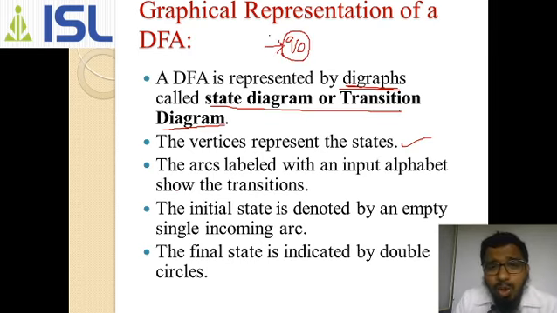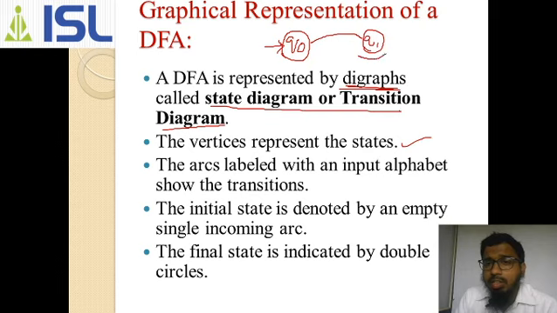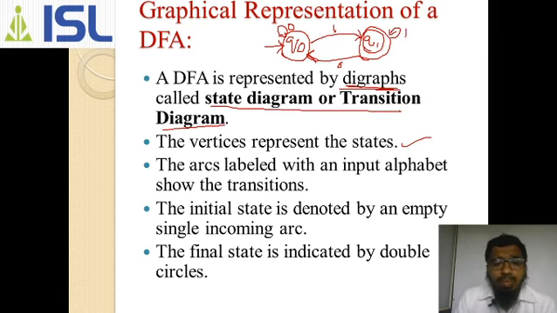If you forget to add the initial state, then your whole DFA will be wrong. Take Q1 as the final state, with arcs labeled 0 and 1. These arcs labeled with an input alphabet show the transition.